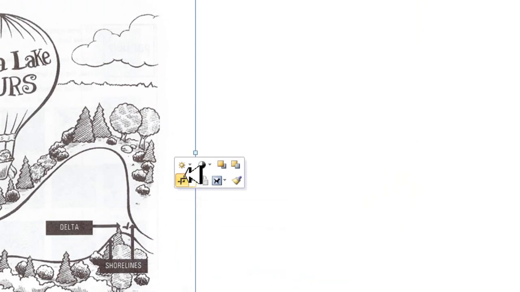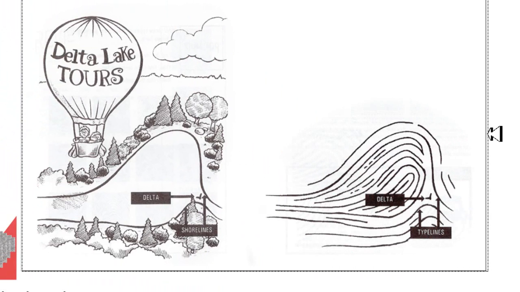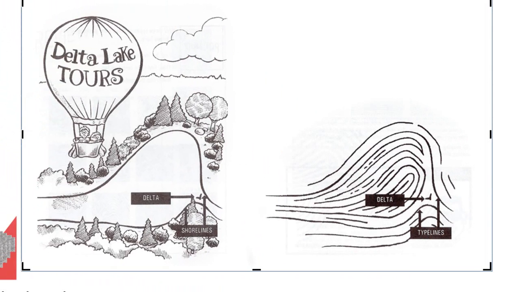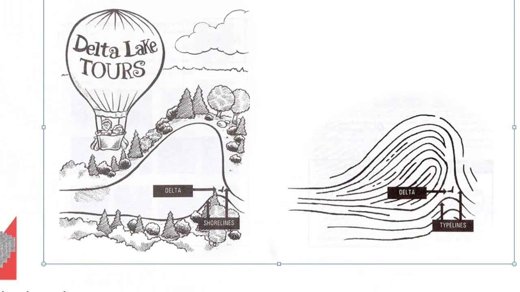To further understand the analogy, let's extend that to the loop pattern. And here the analogy continues, except we'll use the word type lines instead of shoreline, and we'll still use the term delta, only this is the loop delta and this is the lake delta.